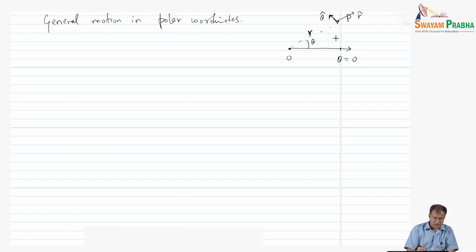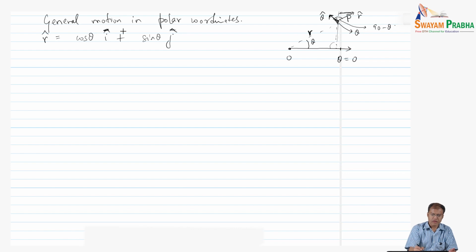So notice that our r hat, this unit vector, let me just do a little bit of geometry here. So this is 90 minus theta, and this particular angle is theta here. Okay, so from here, this one is 90 minus theta, and from here we complete this triangle and we can find what is r hat. So r hat is going to be cos theta i hat plus sin theta j hat.